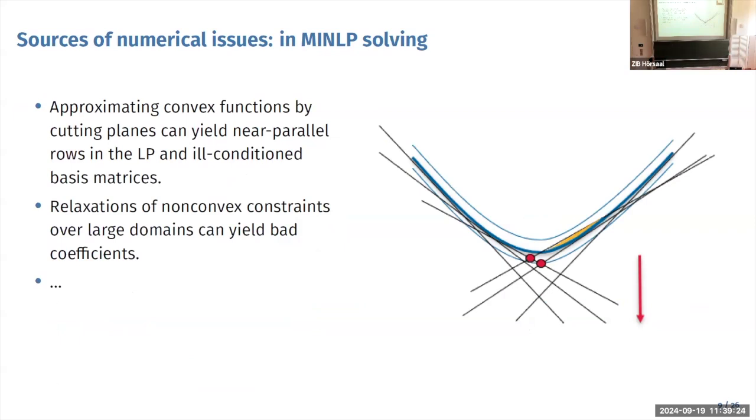And the mean thing here is if you imagine that, for instance, you want to minimize a variable x over this convex quadratic, and you use some linear outer approximation, then the LP solution will always be maximally far away from this blue line.